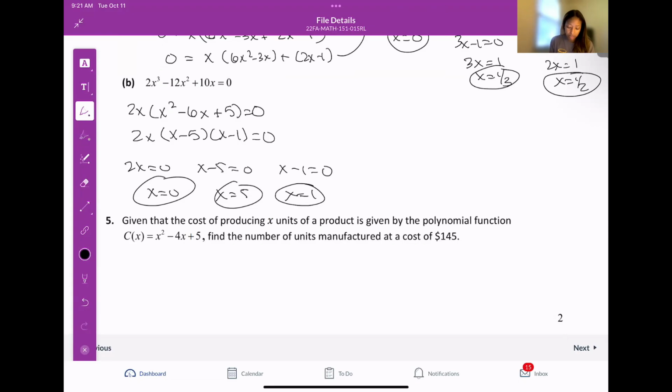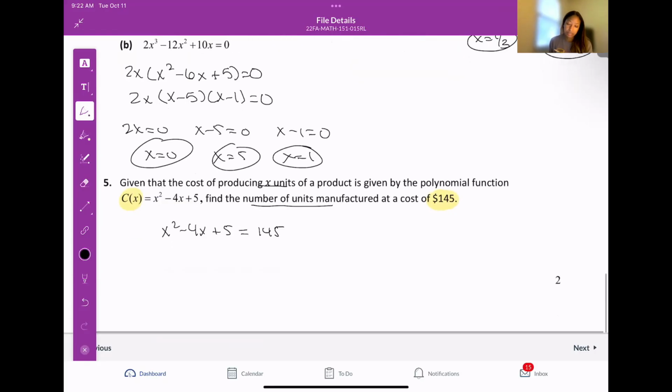So this is telling us that c of x equals 145. So if we set that up, we end up with a polynomial equation that we can solve. All right, so x squared minus 4x plus 5 is equal to 145. And we are asked to find the number of units. So find x that makes this true.